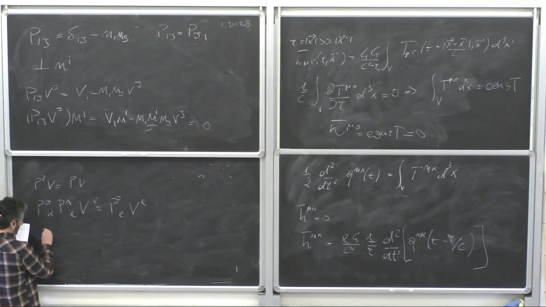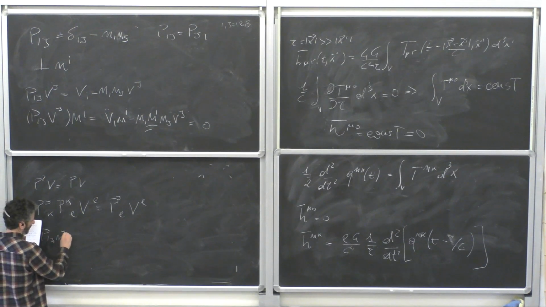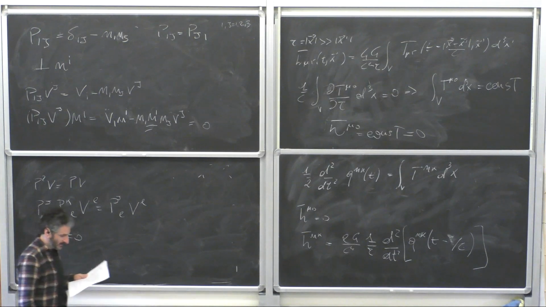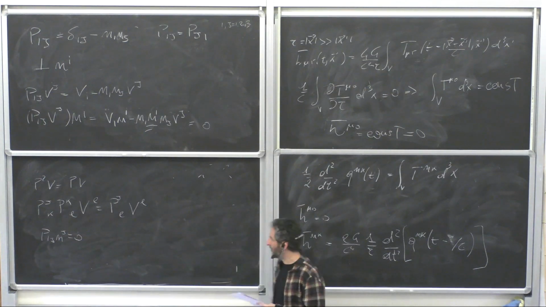And then P_ij n_j is equal to 0. The same for i, but that's symmetric.